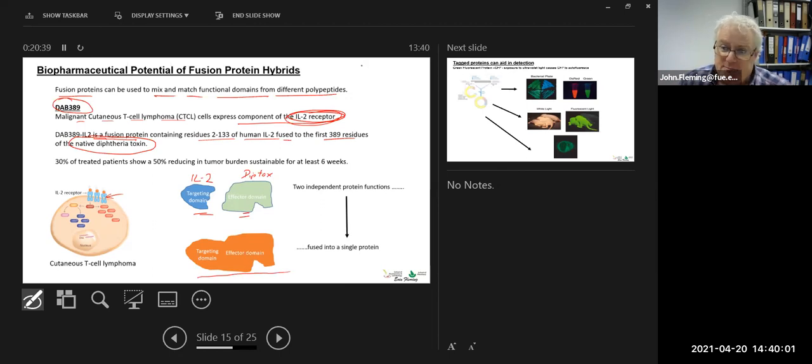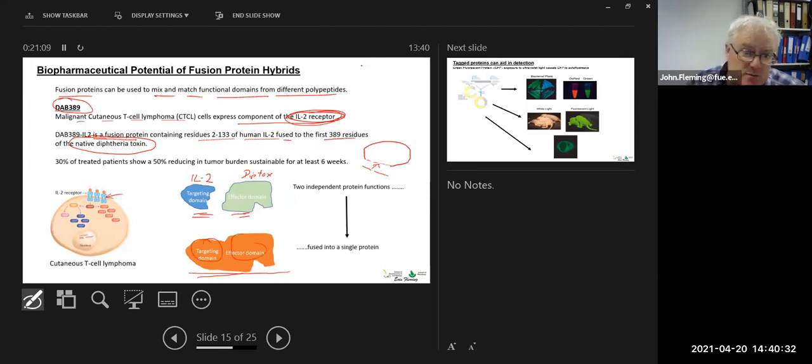And it does this by cloning the cDNA that codes for IL-2 and the cDNA that codes for the diphtheria toxin into a plasmid, so that it now has a single nucleic acid sequence that codes for this novel engineered protein. So when we put the plasmid into the cells, instead of making two discrete proteins, it creates a single protein with two functions.